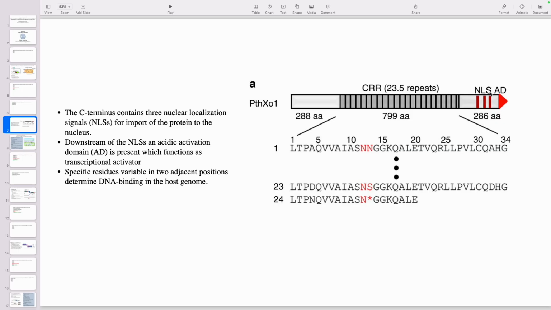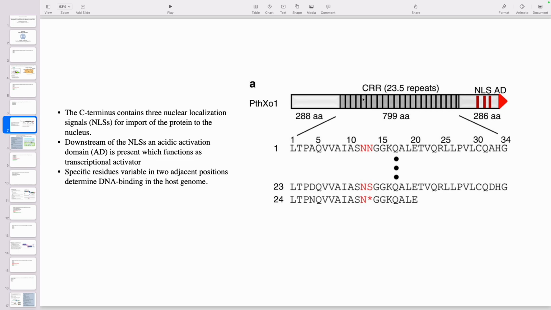Downstream of this nuclear localization signal, there is an acidic activation domain, which functions as the transcriptional activator. Then we have specific residues, variable in two adjacent positions, that determine the DNA binding in the host gene.